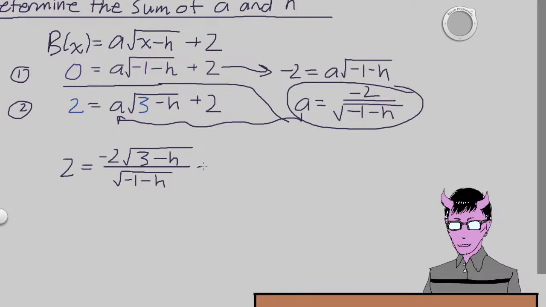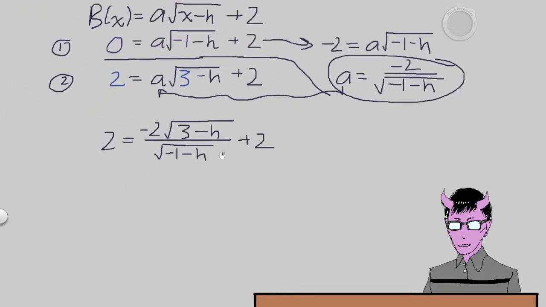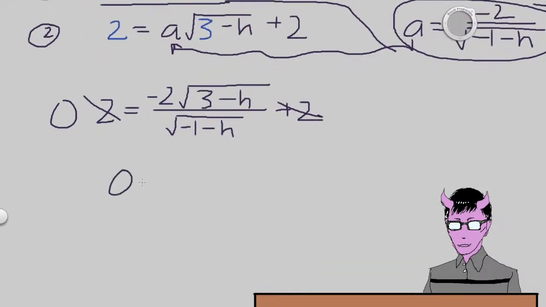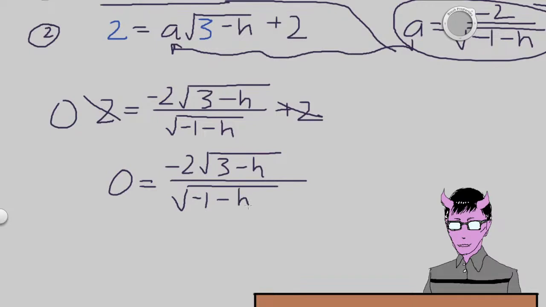Glorious. And then we have plus 2. Alright. Well, here's the nice thing though. We could subtract 2 from both sides and get 0. So that's already a setup for a zero product property. Perfect. So 0 is equal to -2 times 3 minus h over square root of that nonsense.